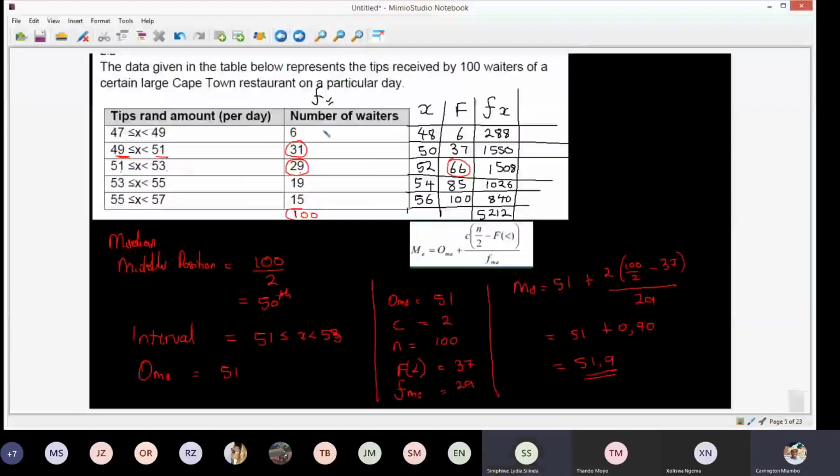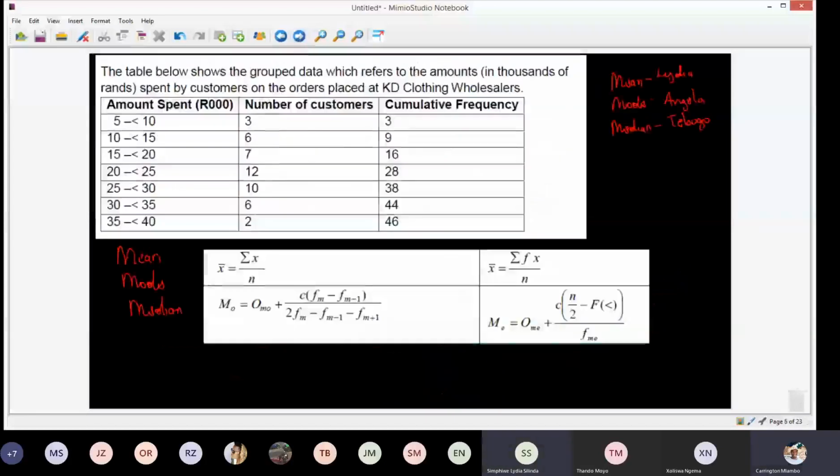You still remember how you find our x? It is the midpoint, isn't it? Yes. Multiplied by the frequency, the number of waiters in this question. That gives us fx. So this total sum is the summation of fx. You are multiplying your number of waiters times the value of x that you got. Right, okay, so continue. Thank you, sir.